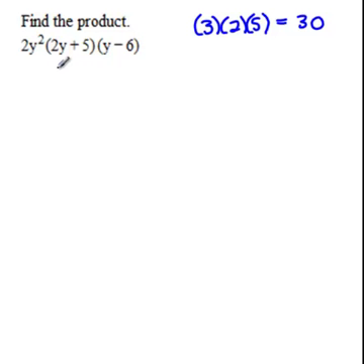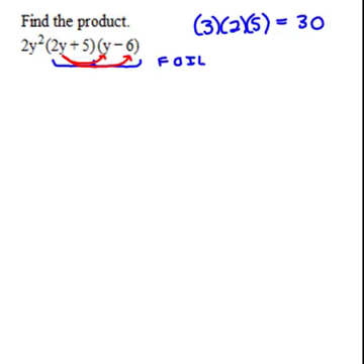So with that in mind, anytime I have a product of 3 different things algebraically, I'm going to multiply these 2 first. I'm going to use FOIL, which is just distributing. I'm going to start off by taking the 2y and distributing it to each term in the second set of parentheses.